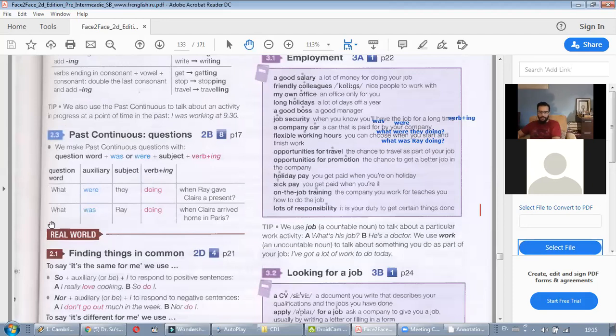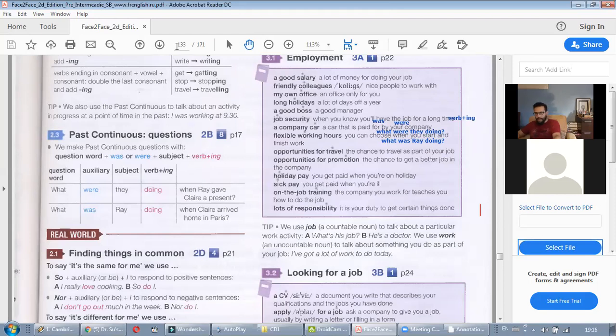We use the WH words, the WH question words. We use the auxiliary were or was, and of course the subject, I, you, we, they, and he, she, it, or the name of the person. Then we use verb plus ing. So this is how we make a WH question using the past continuous, okay?